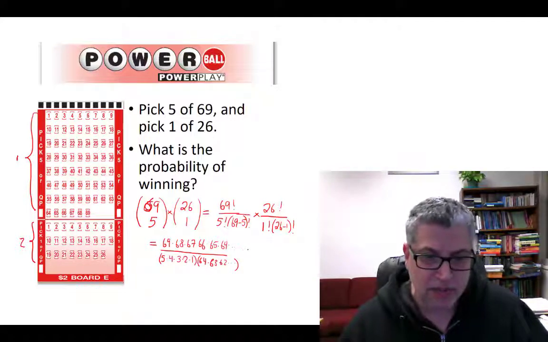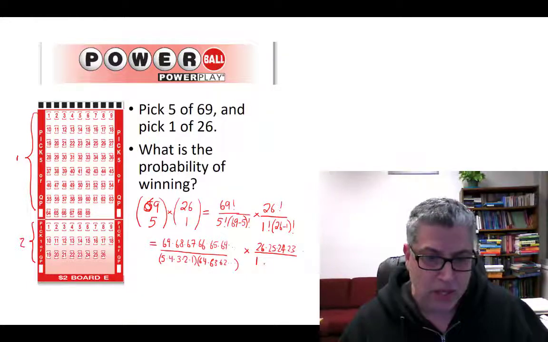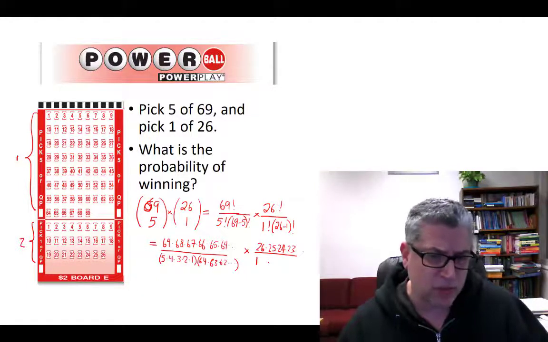And then we multiply by 26 factorial, which is 26 times 25 times 24 times 23, and so on. 1 factorial is just 1. 26 minus 1, that's 25.